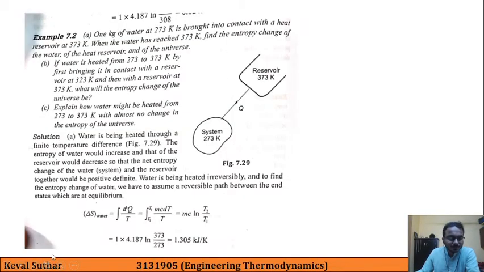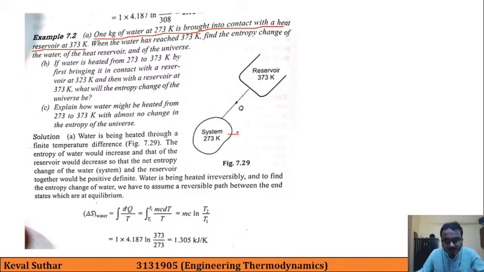The question is, 1 kg of water at 273 Kelvin is brought into contact with a heat reservoir which is at 373 Kelvin. So this is our 1 kg of water.